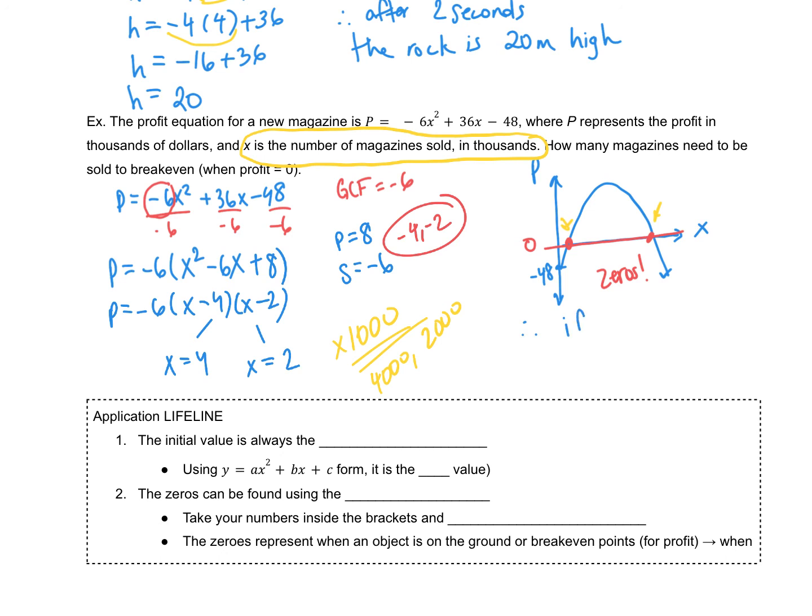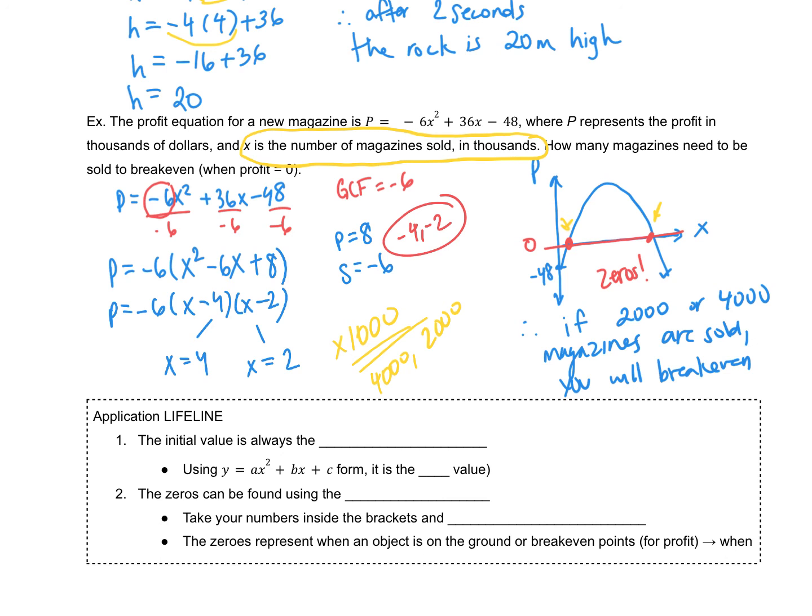Therefore, if 2,000 or 4,000 magazines are sold, you will break even. Meaning you're not making money, but you're also not losing money.